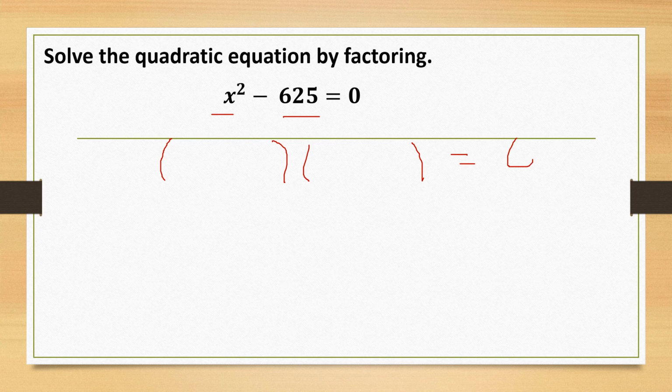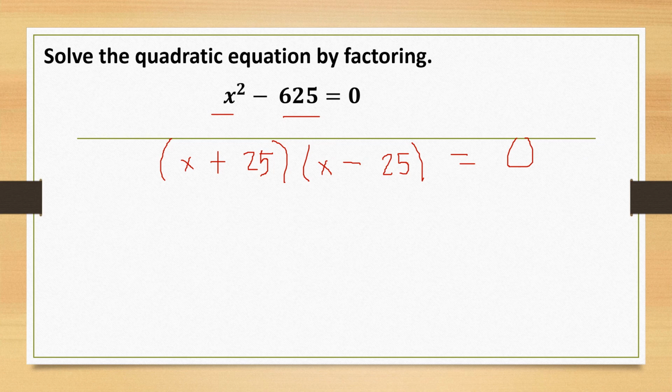So, what is the square root of x squared? We have x. The square root of 625 is 25. So, we have x for the first term and 25 for the second term. Express it as a product of the sum and difference of two terms. So we have quantity x plus 25 times quantity x minus 25.